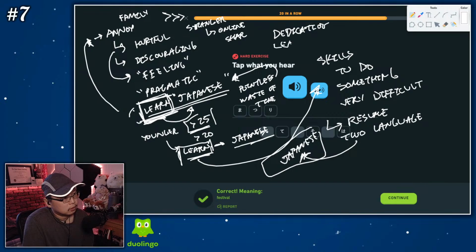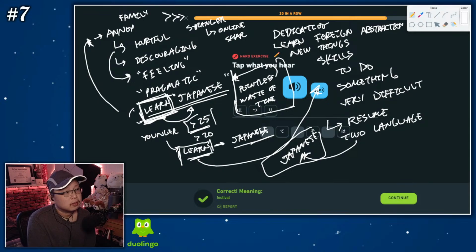You can learn abstraction, like ways of thinking of complicated things, right? Complicated things that aren't related to you. So you can learn new things is a great example. So if you can explore what it means to learn a new language, Japanese itself might be useful.